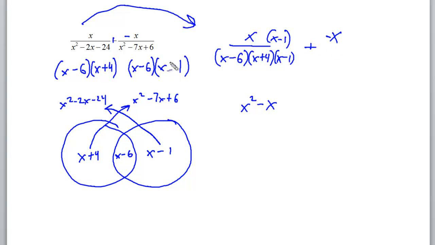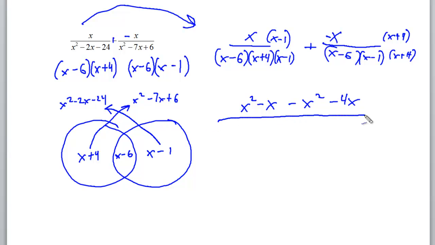And I'm going to multiply my (x minus 6)(x minus 1) by my x plus 4. Alright, so negative x times positive x is negative x squared. Negative x times positive 4 is negative 4x. So now my denominator is (x minus 6)(x plus 4)(x minus 1).